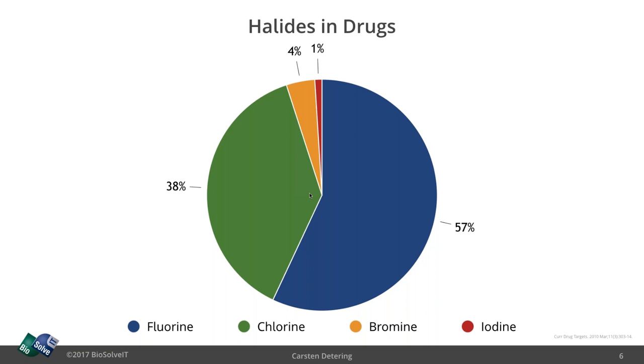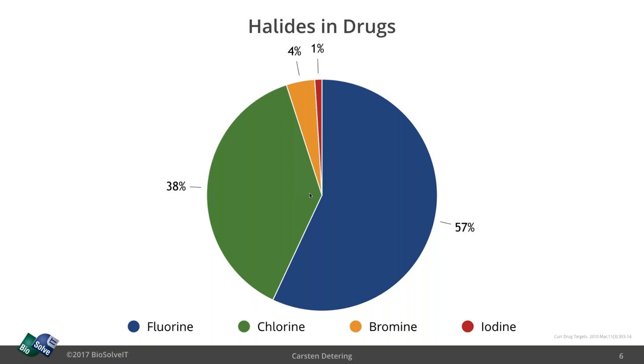But they do have very important properties, and that's why they initially have been introduced in drug molecules. Namely, they fill very nicely hydrophobic pockets. Of course, the presence of a halogen atom does improve oral absorption and helps in crossing the blood-brain barrier, and they also prolong drug lifetime.